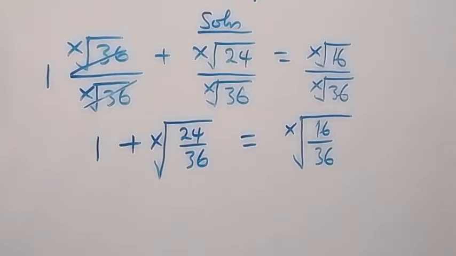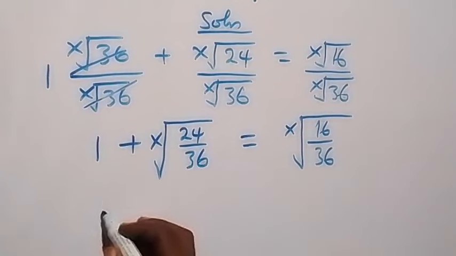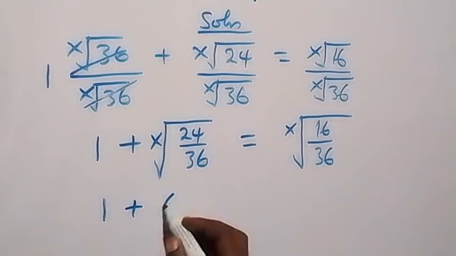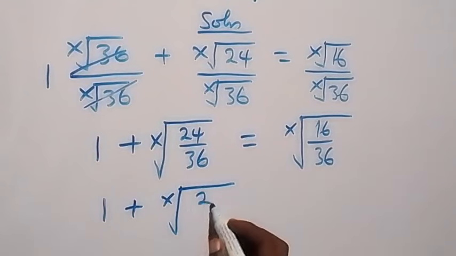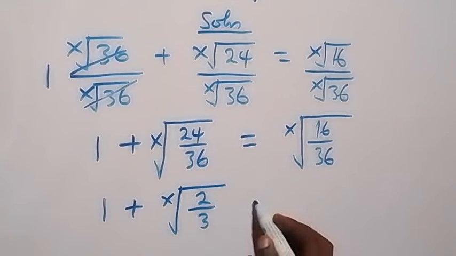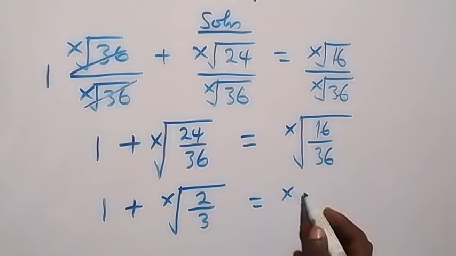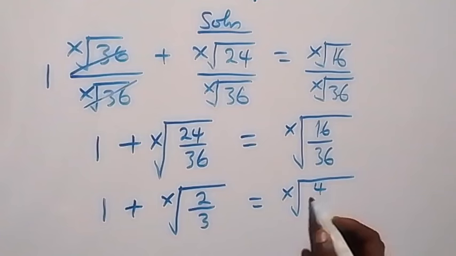Then we can reduce this fraction, and this becomes 1 plus x-th root of, if 12 goes here, that's 2, then goes here, that's 3, then equals, on this side as well, x-th root of, we can reduce this, 4 goes in 16, that's 4, 4 goes in 36, that's 9.